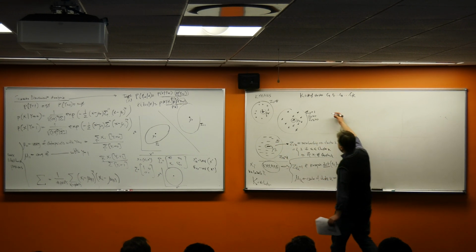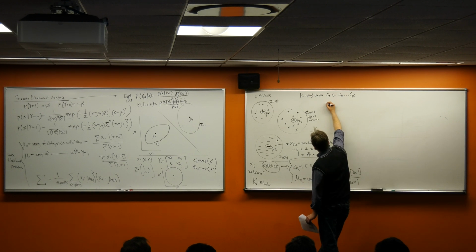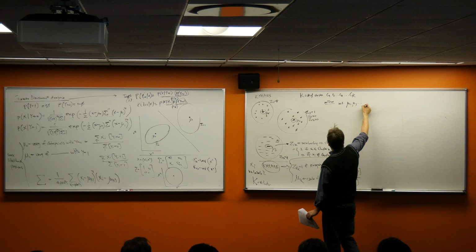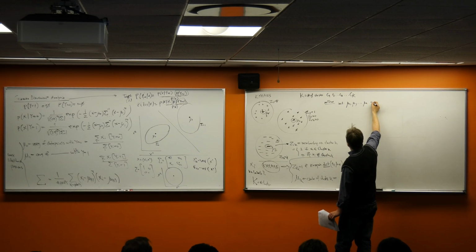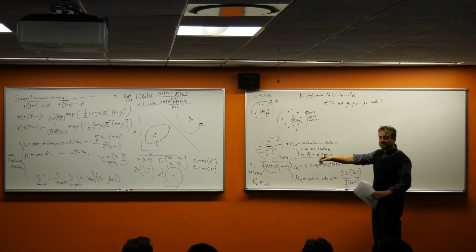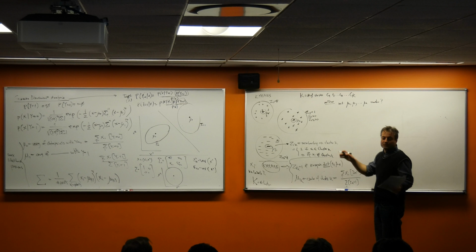so as an outline, start with some initial mu 0, mu 1, mu k, right? Maybe random, maybe not random. Furthest-first traversal kind of things, who knows?